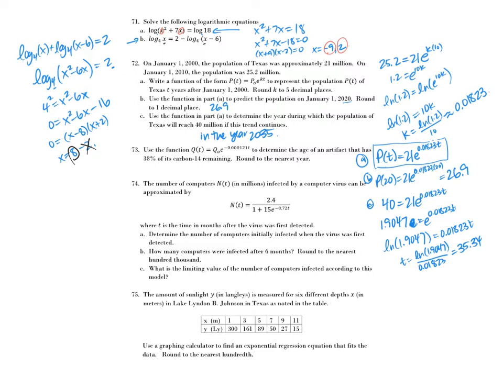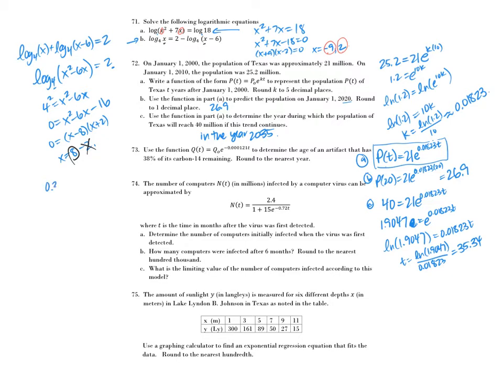Use that function to determine the age of an artifact that has 38% of its carbon-14 remaining. Okay, so there's my function. So if it has 38% remaining, let's say, so Q naught goes here, and then 0.3, oh sorry, so in other words, it's going to be 0.38 of Q naught.